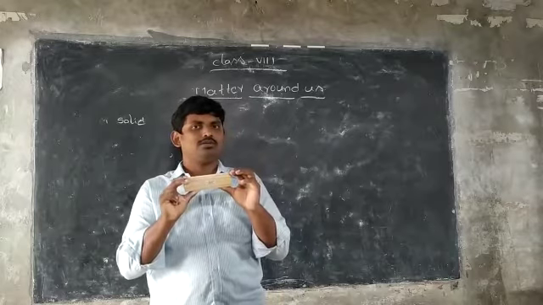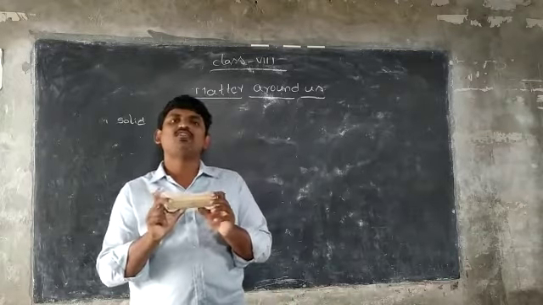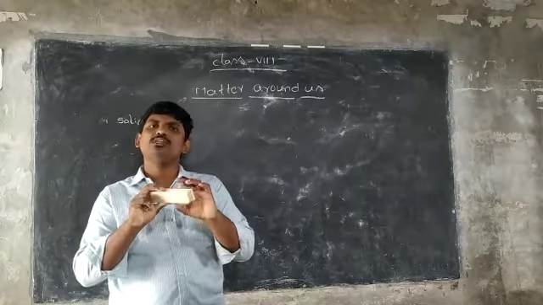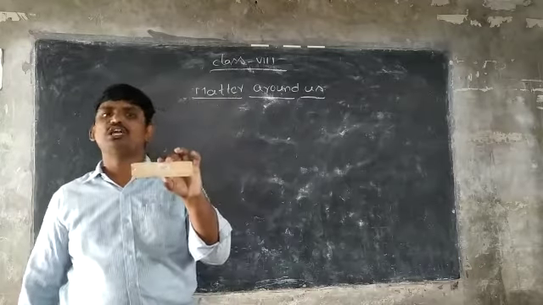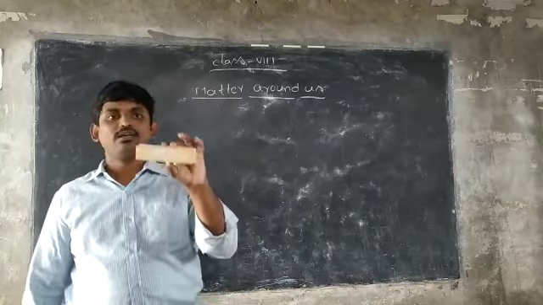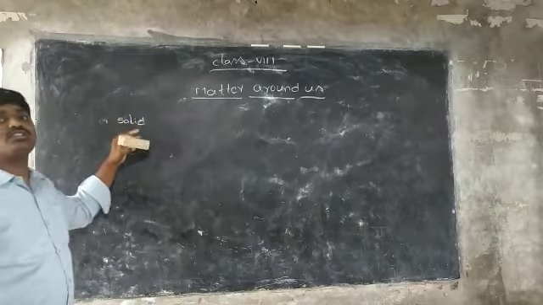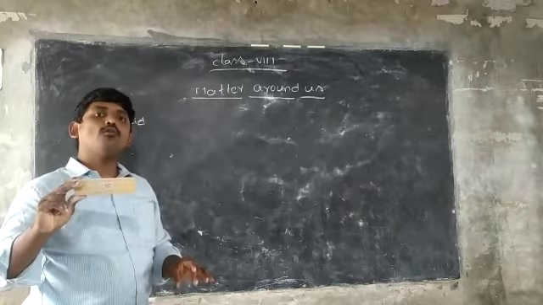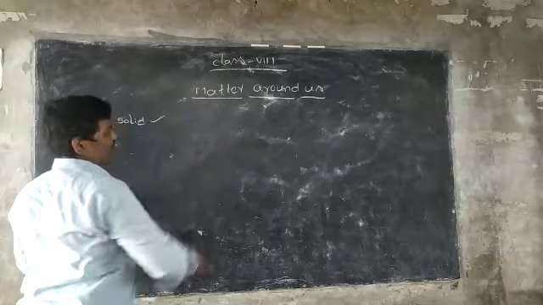No. If you break it also, it will be in a constant shape and the volume will be reduced. But you can't change the shape or the volume. So, for solid matters, the shape of the article and volume of the article remain the same.